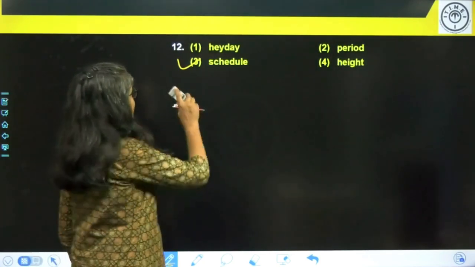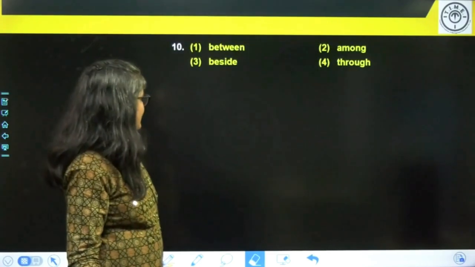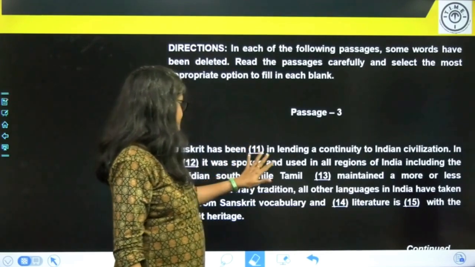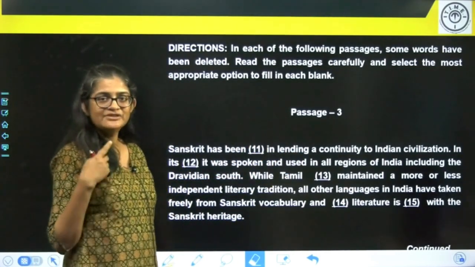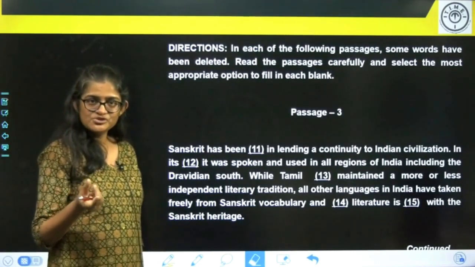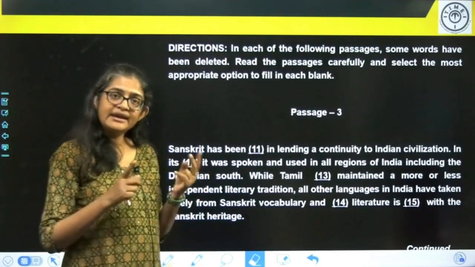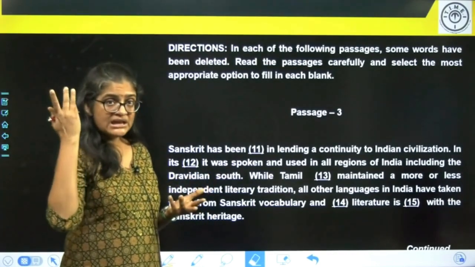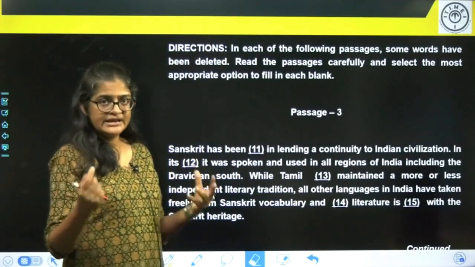Okay. Next, we already mentioned this word heyday. In its heyday, it was spoken and used in all regions. See, I was able to guess the word because we know this is the word which is usually used in this context. Heyday, I said either heyday or initial days. Heyday means its peak, at the peak of its glory, in its glorious days.